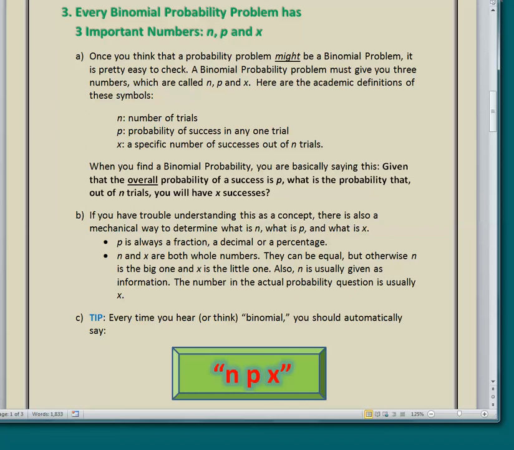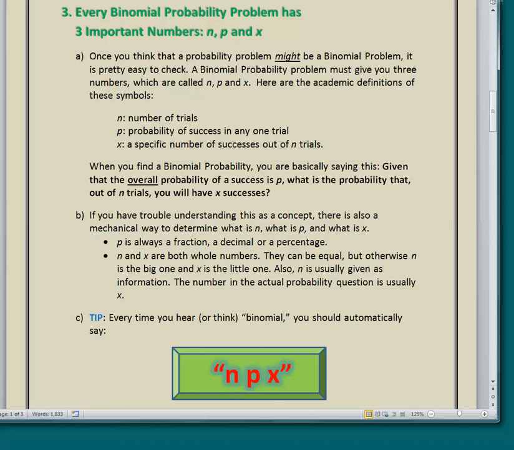And x is a specific number of successes out of n trials. When you find a binomial probability, you are basically saying this: given that the overall probability of a success is p, what is the probability that out of n trials you will have x successes?